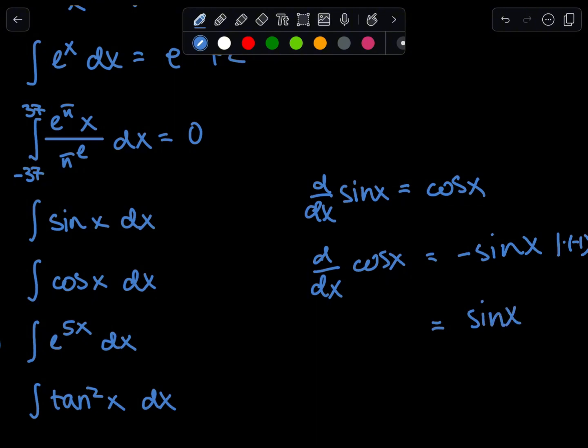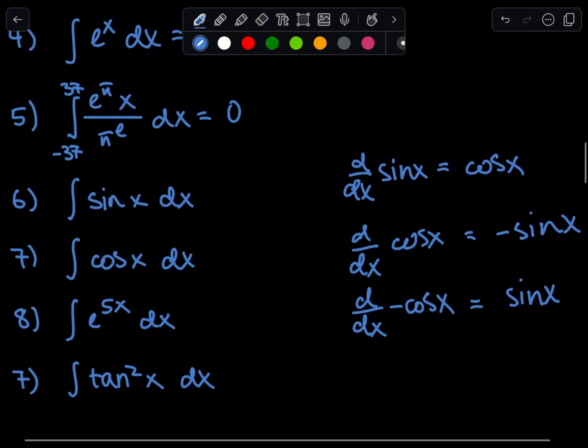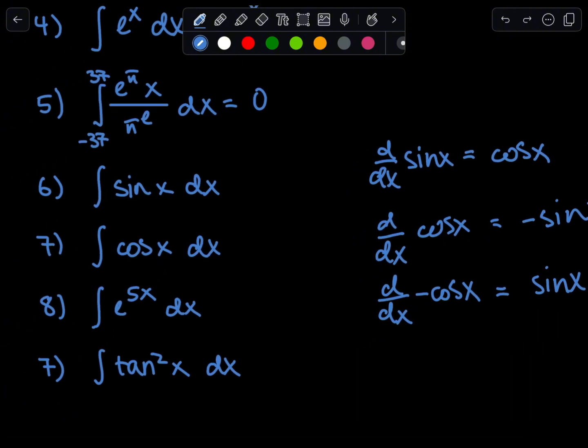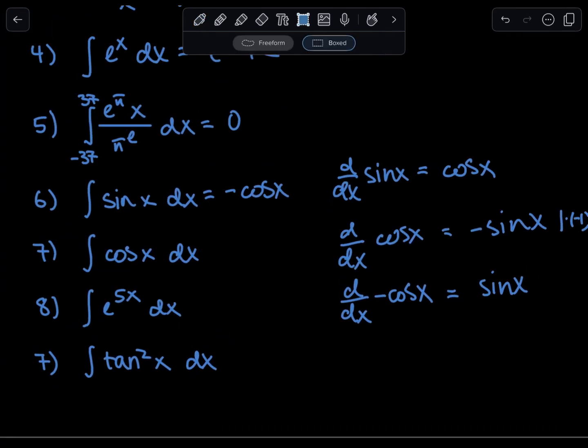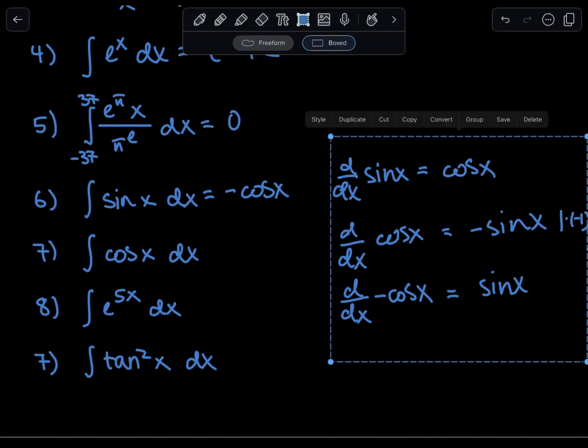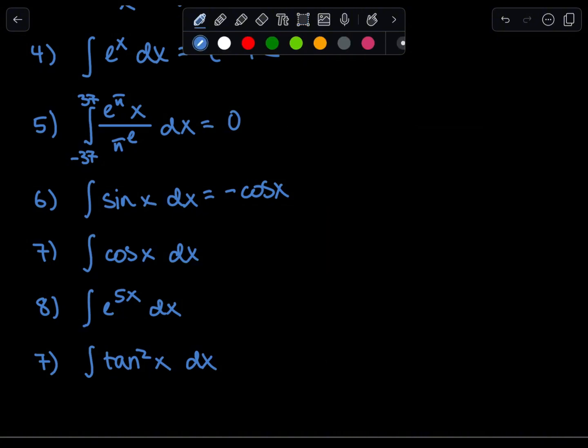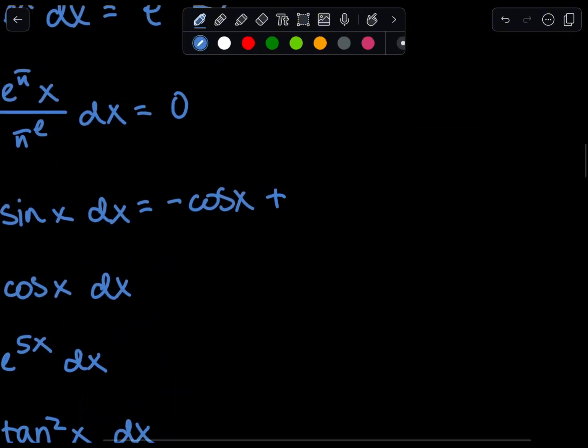And on the left side, we get the derivative of minus cosine of x to be sine of x. So since we want to integrate sine of x, the value of that integral will be minus cosine of x. I'm just going to delete this and add the integration constant.